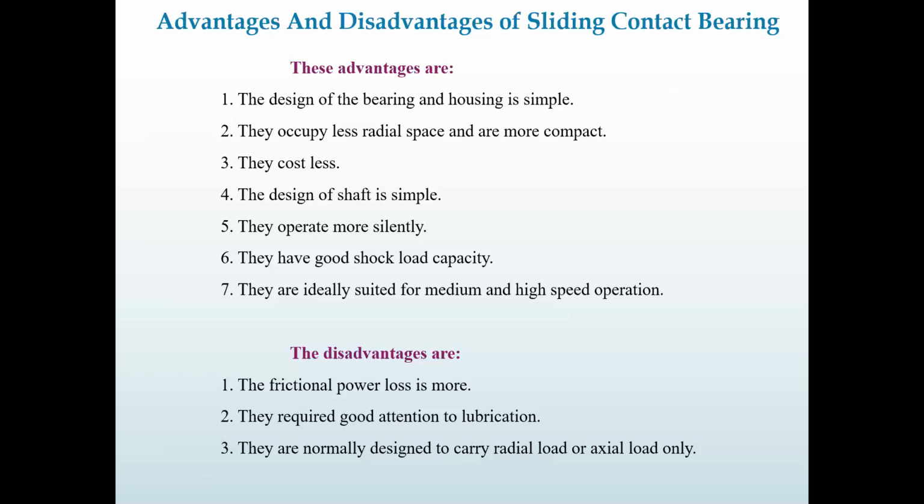They are normally designed to carry a radial load or axial load only, because that is very easy with respect to sliding contact. They are suitable only for one directional load. If a two directional or bidirectional load is applied, then there is a possibility of leakage, which is a very important and tedious issue with sliding contact bearings.